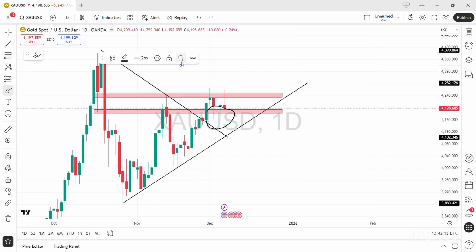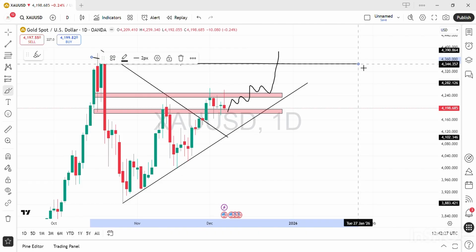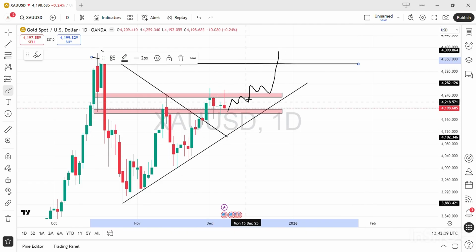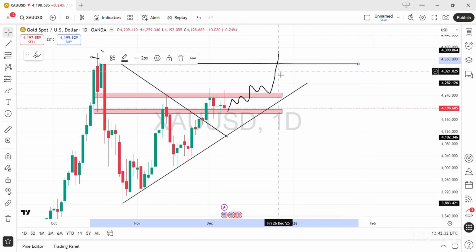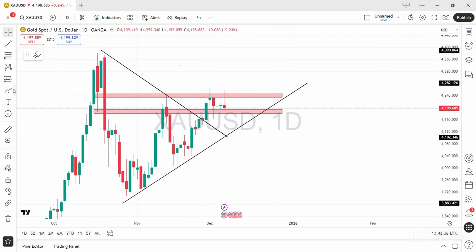Now the final verdict is that if the gold is going to break the structure in the upside direction, we will see a major rise in the gold towards the first resistance level, which is 4350. And if there is a breakout in the structure of the gold in the downside direction, then it can retest this trend line or it can retest this trend line.